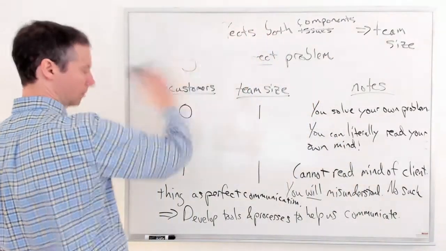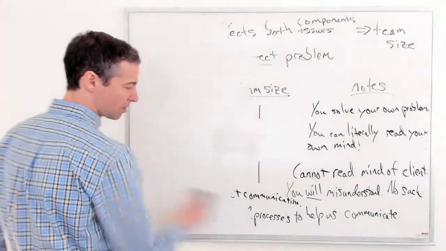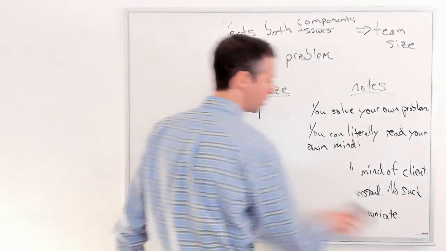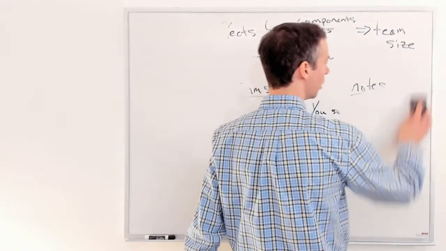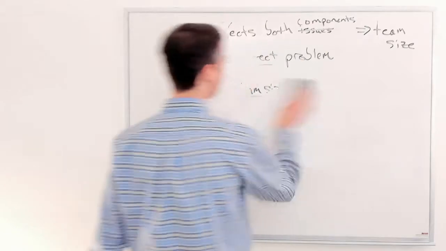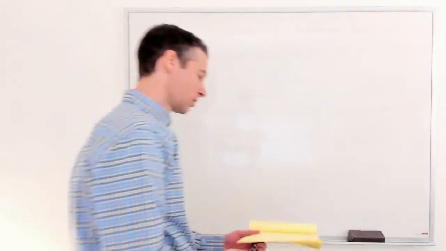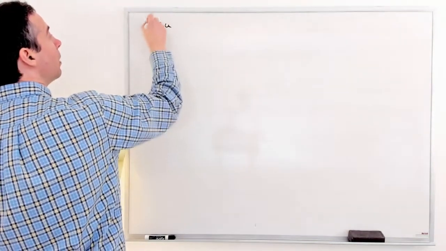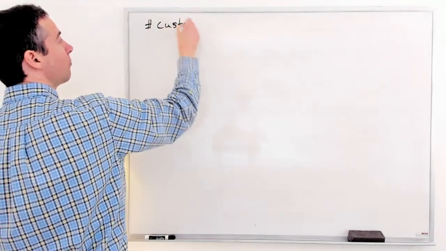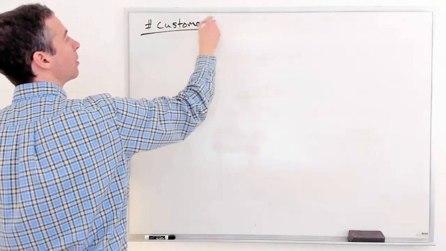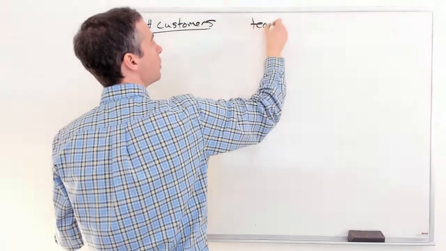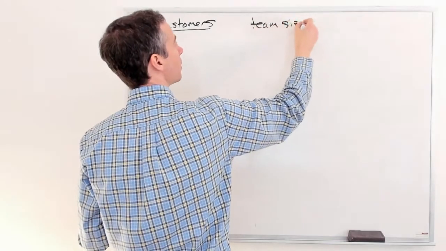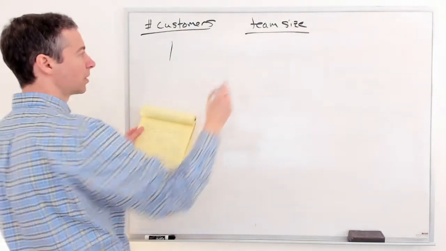So, of course, it's pretty unusual to have a team size of only one. You're not going to be able to solve very big problems by yourself. So you're going to say, well, yeah, I need some help. And so you're going to increase your team size so you can handle larger problems. So you still have one customer.